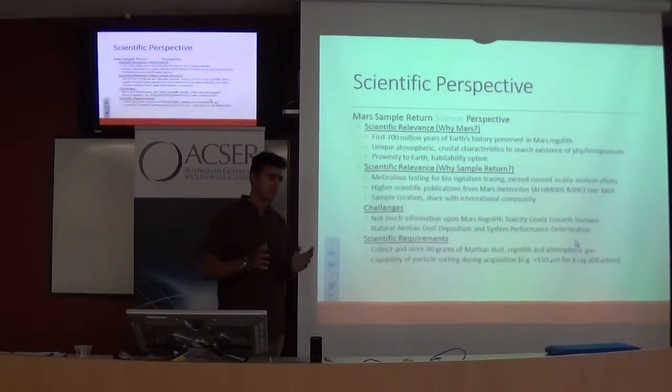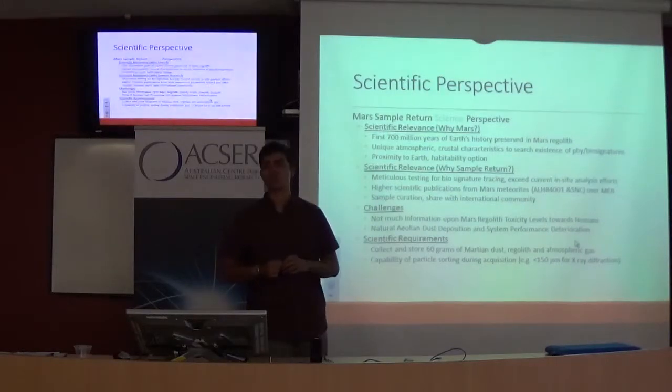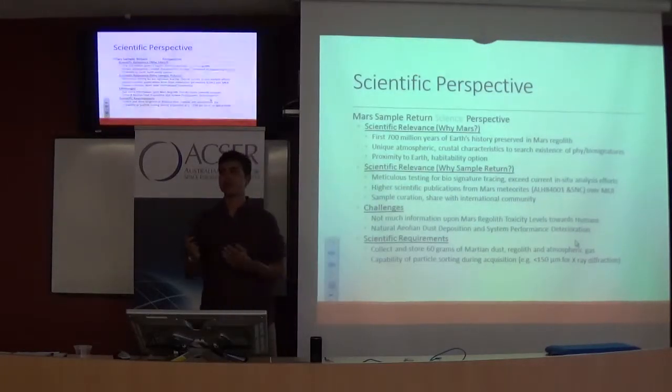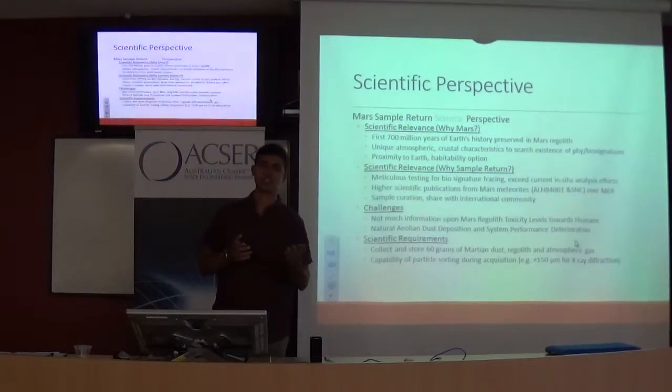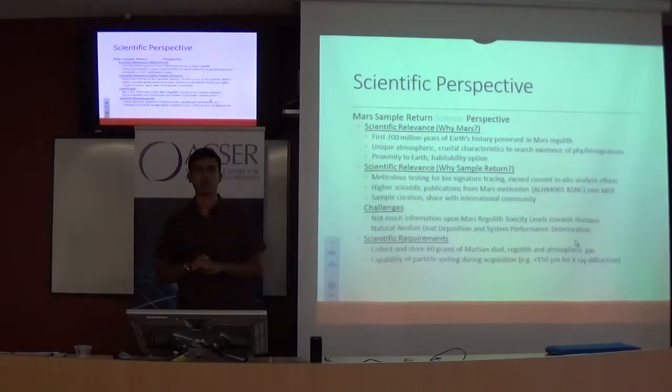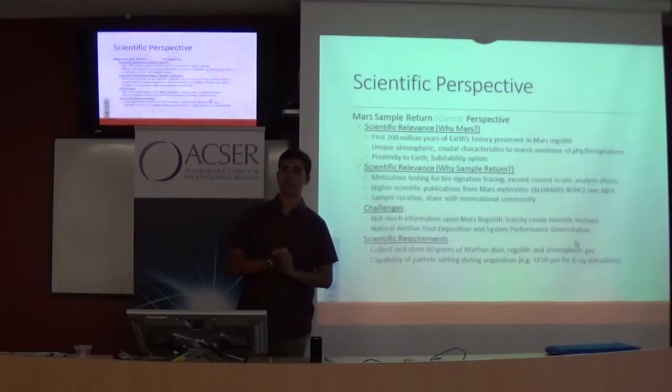So a rough figure which scientists put across is, they say, give us about 60 grams of Martian dust. Now this figure has come out of a lot of trade-off done between science and technology, where they try to look at the amount of power that needs to be put in to lift off from Mars to bring samples back onto Earth.